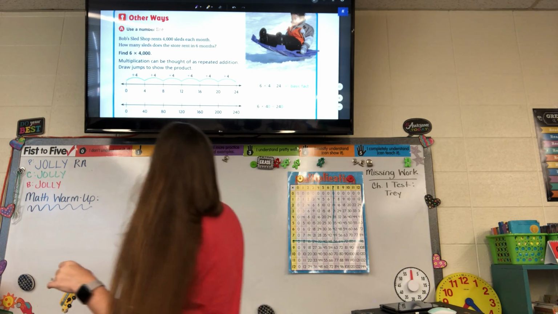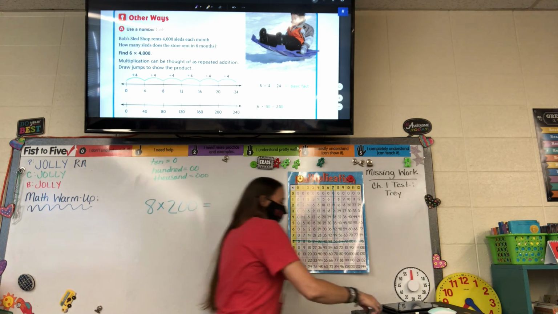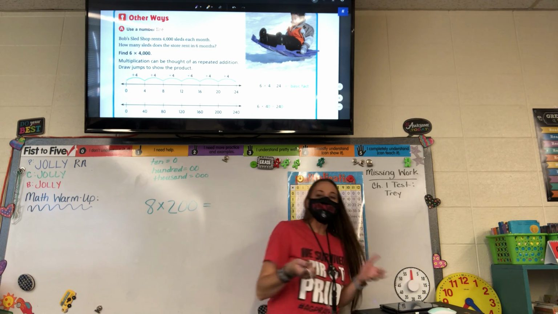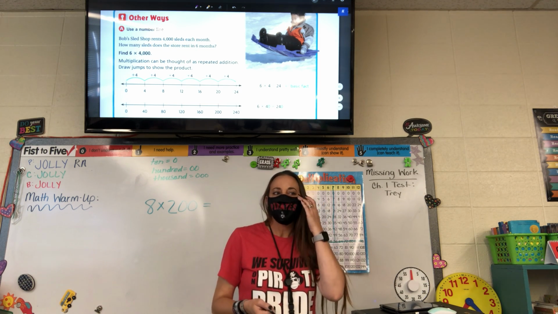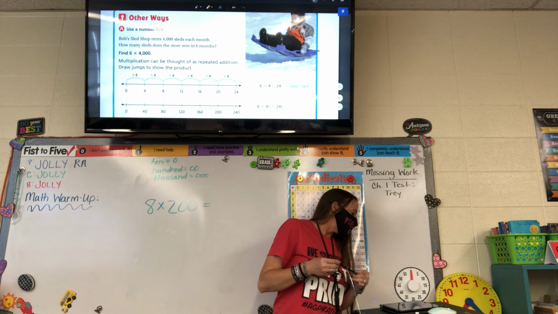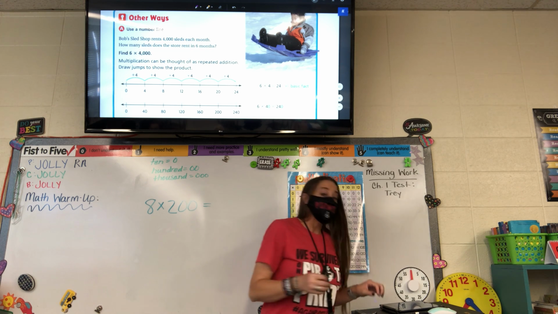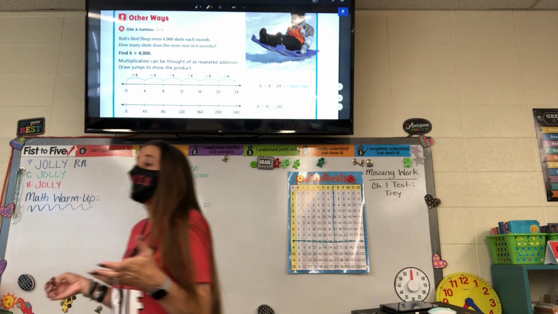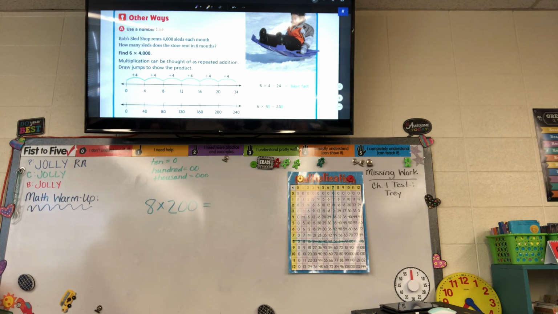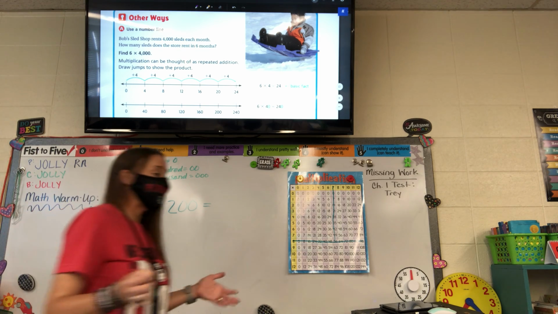So we are doing the problem. Here it says Bob's sled shop. Good old Bob. Bob rents sleds in Colorado. And he rents about 4,000 sleds every single month. Bob's got some serious sleds.